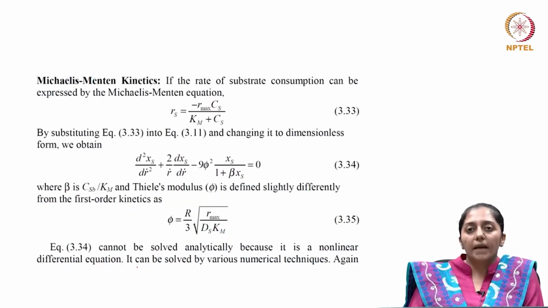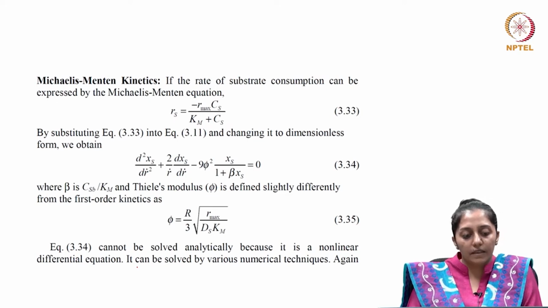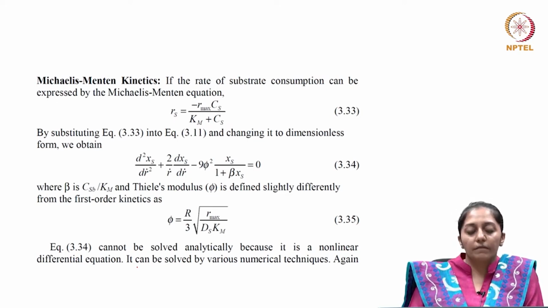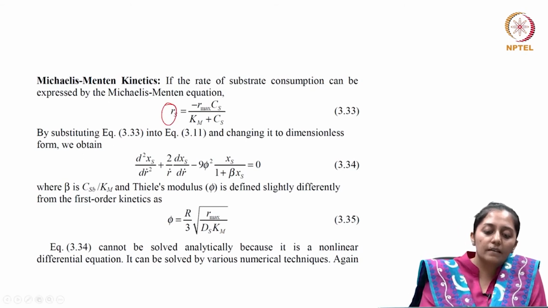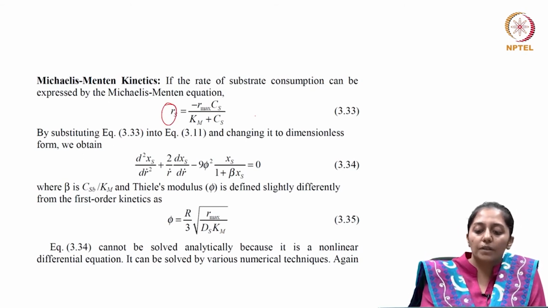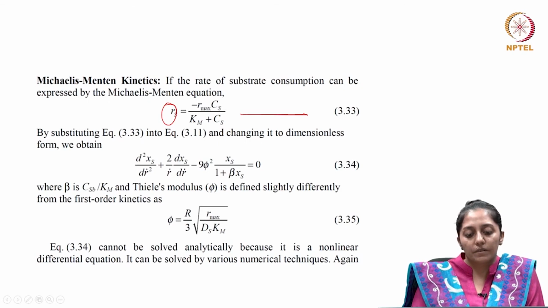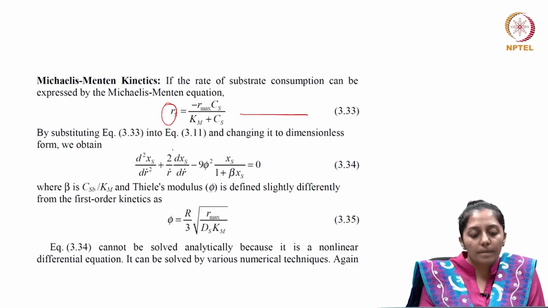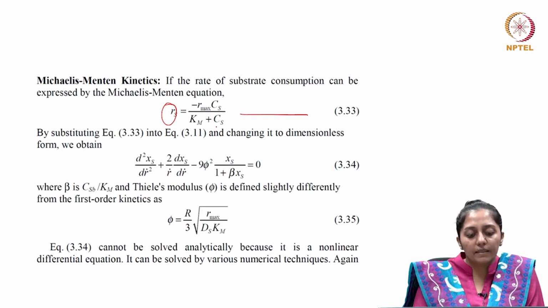Now, if we take Michaelis-Menten enzyme kinetics in the enzyme system, we know that the reaction rate can be given as shown in equation 3.33 as Michaelis-Menten kinetics.